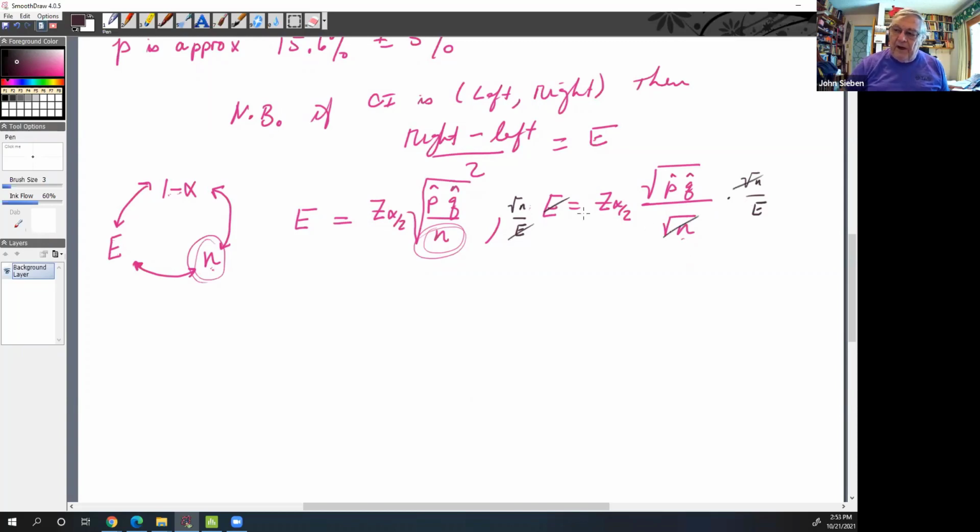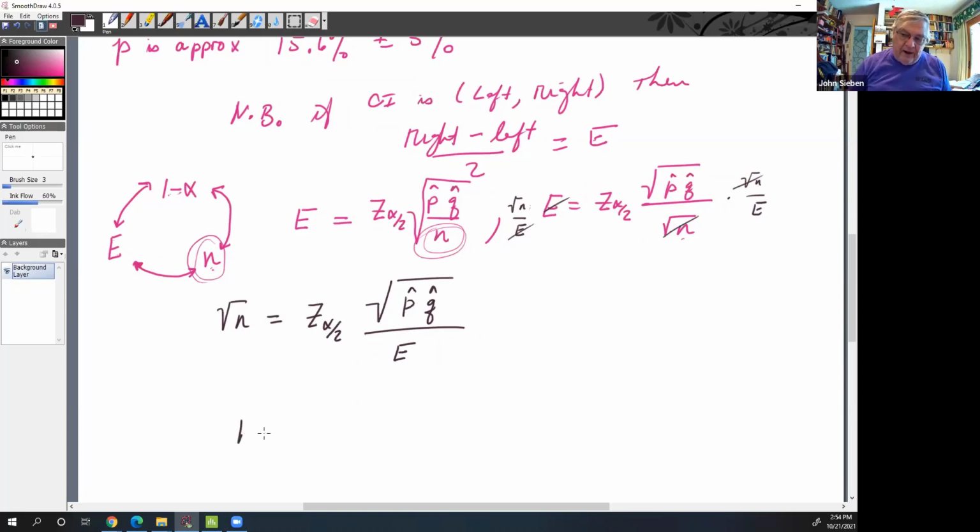So going from here down to here, I've got the square root of N is equal to Z alpha over 2 times the square root of p hat q hat, all over E. And then the last thing I do, because I don't want to know about the square root of N, I want to know about N, is square both sides.